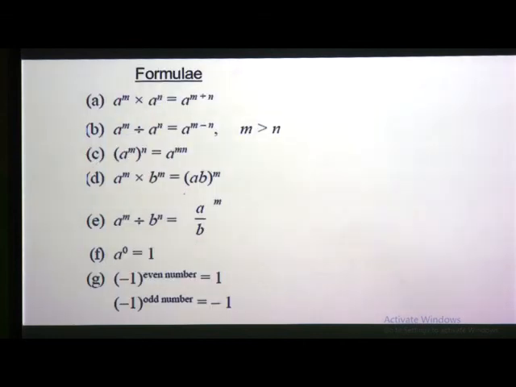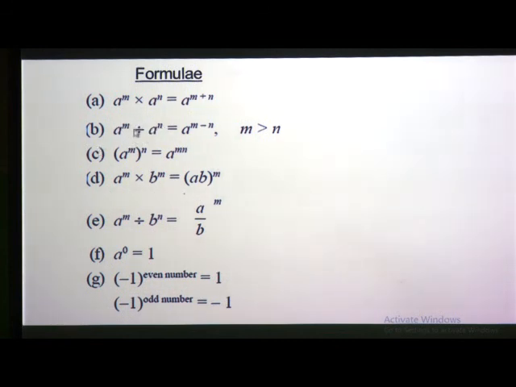Now, these are the formulas. I will read them out one by one, and when I explain you, you will understand. Here the bases are the same, a to the power m, a to the power n, so the powers are added, that is a to the power m plus n. Here the bases are the same, but we have a division.